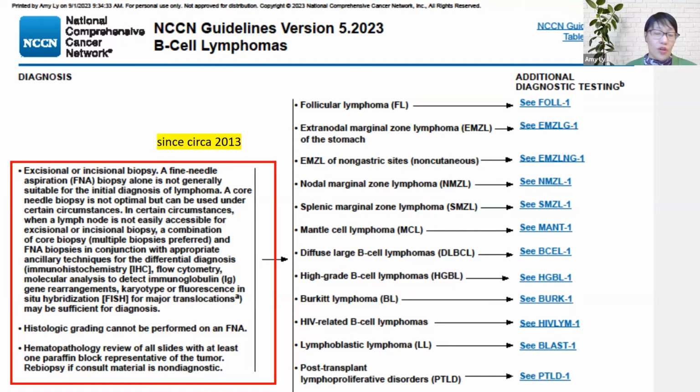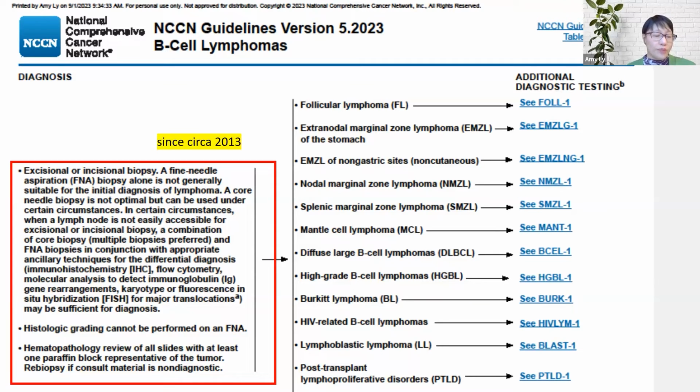As we can see from the current NCCN guidelines, it explicitly states excisional or incisional biopsy is the preferred method of tissue diagnosis, and explicitly states an FNA is not generally suitable for the initial diagnosis of lymphoma. Neither is core needle biopsy optimal. So there are some caveats. Maybe you could use them, but really there's a strong message that small volume biopsies are not great.